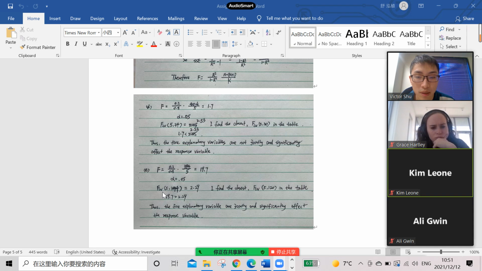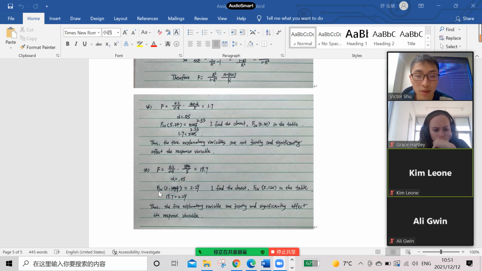Here in part E, you can see in my FCV the first number in the parentheses is also 5, because that's the number of predictors we have. We have beta 1 until beta 5. But the degrees of freedom in the denominator is different. Remember, it's the number of observations minus k plus 1.